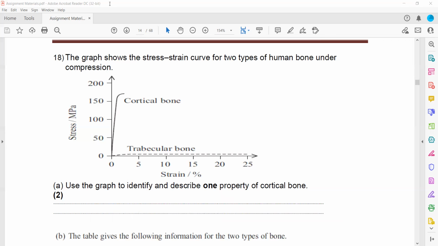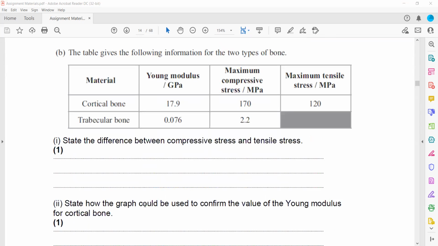The second part, the table gives the information about two types of bone. State the difference between compressive stress and tensile stress. Compressive stress means when we apply force to reduce the size, and when we apply a force to increase the size, we call that tensile stress.